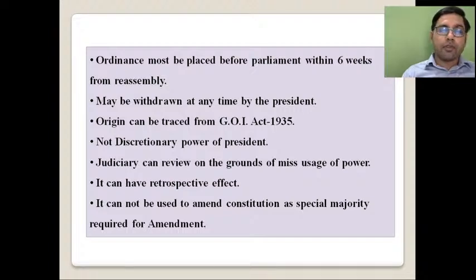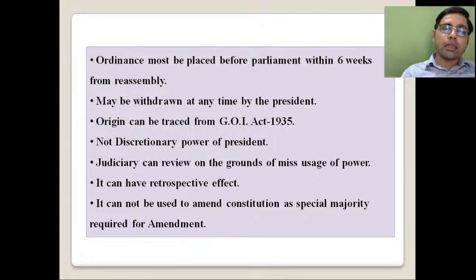There are some important facts related with ordinance that I have mentioned here. The origin of this ordinance making power you can trace from Government of India Act 1935. So जब मैं आपके साथ historical evolution of Indian Constitution discuss कर रहा था, there I discussed with you that ordinance making power was introduced in this particular act.